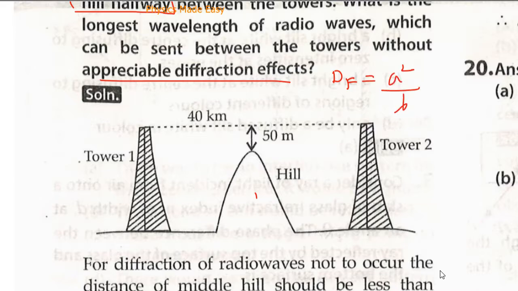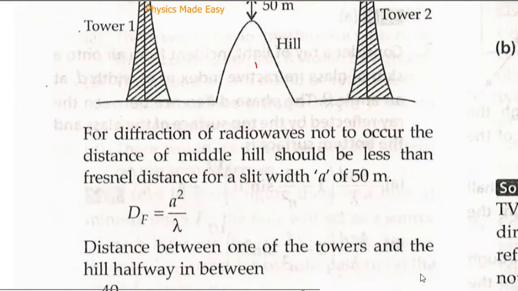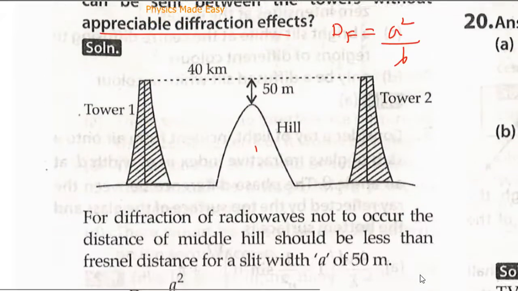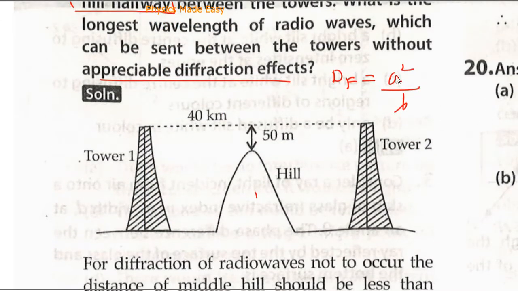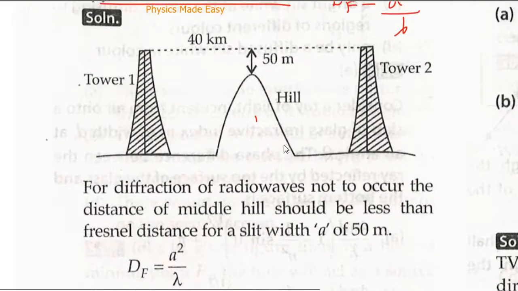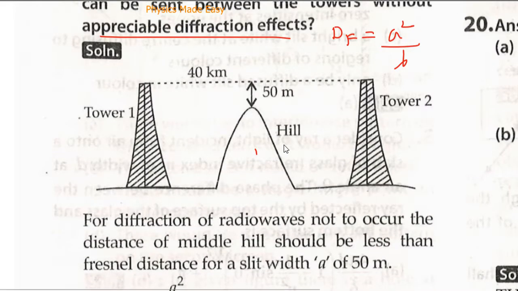This 50 meters we will take as the size of the aperture, and df will be taken as half of the 40, which is 20 kilometers. So this distance is 20 kilometers.